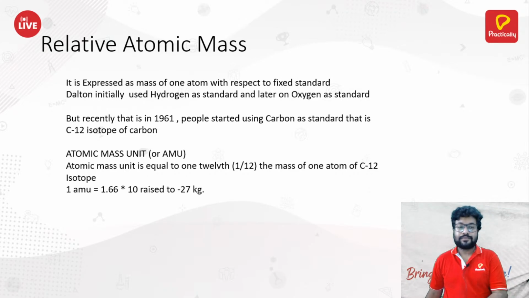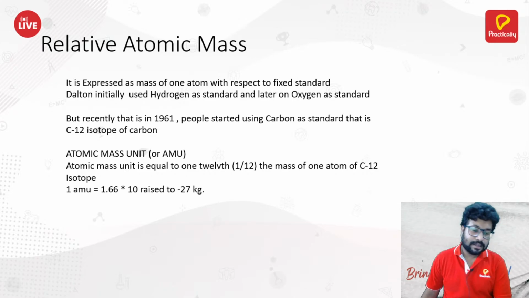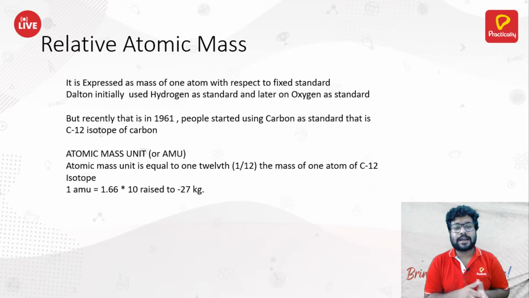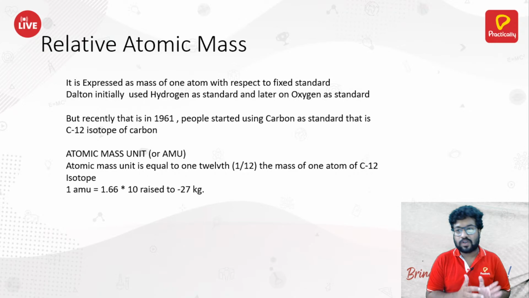So the last part of our lecture is relative atomic mass. As I told you, Dalton initially used hydrogen as a standard. Later on oxygen was used as a standard. But people found many flaws with that, and eventually stopped using them.